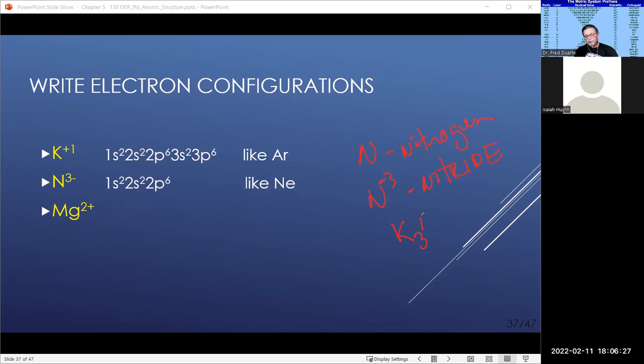So we will write a formula like K subscript 3 N. That is potassium nitride. It would be incorrect to say potassium nitrogen, because this is the nitride ion. Okay? So naming it correctly is important, because sometimes you're given the name and need to write the formula. And you got to be aware of nitride, and that tells you, okay, I'm dealing with a -3 charge.